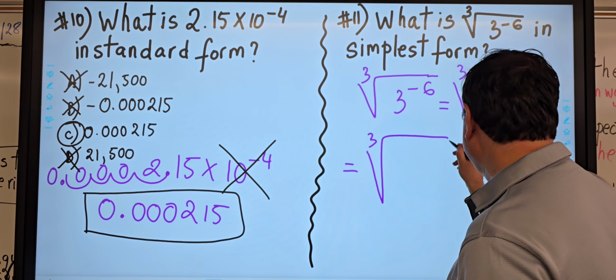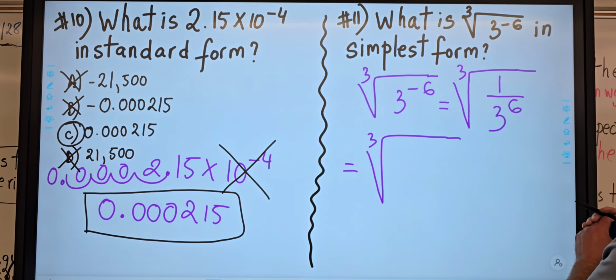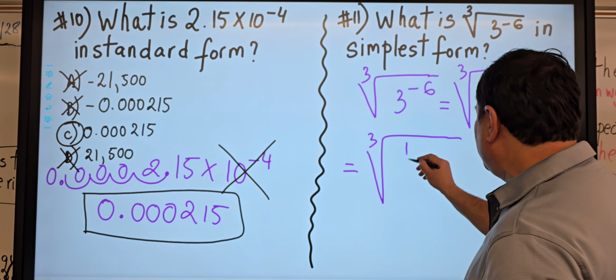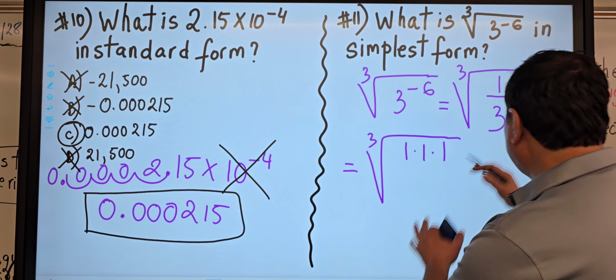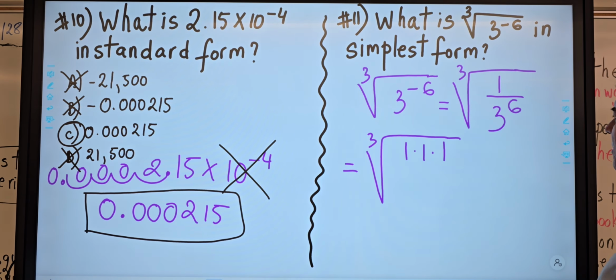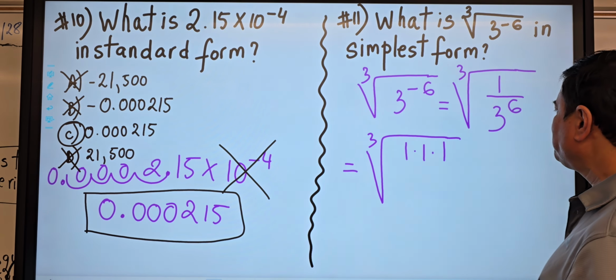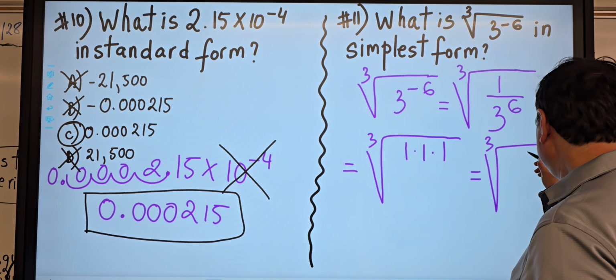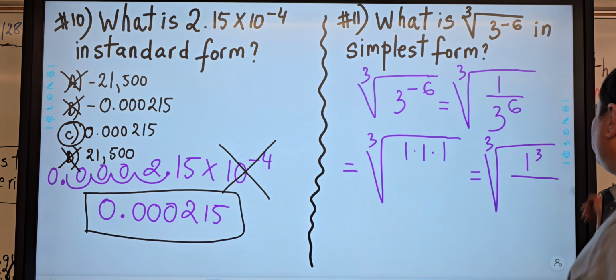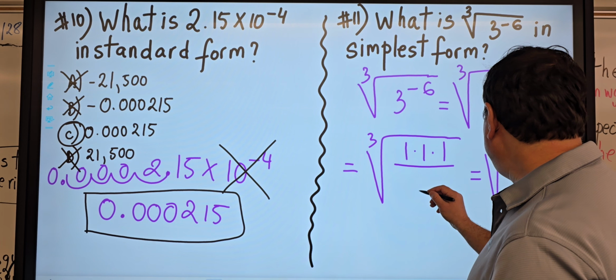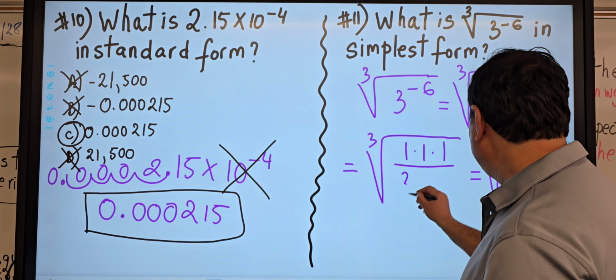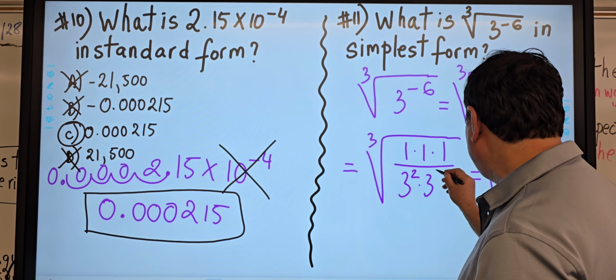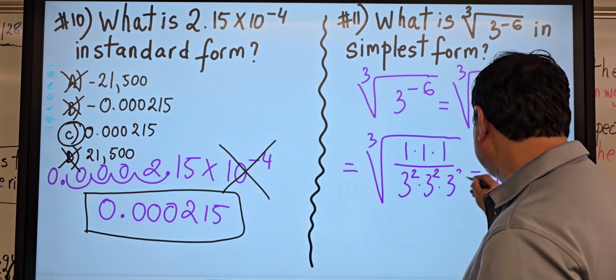Cube root of, we can write 1 as 1 times 1 times 1, which is actually still 1, or 1 to the third power, right? We can also say that cube root of 1 to the third power, and then 3 to the 6 can be written as 3 squared times 3 squared times 3 squared, right?